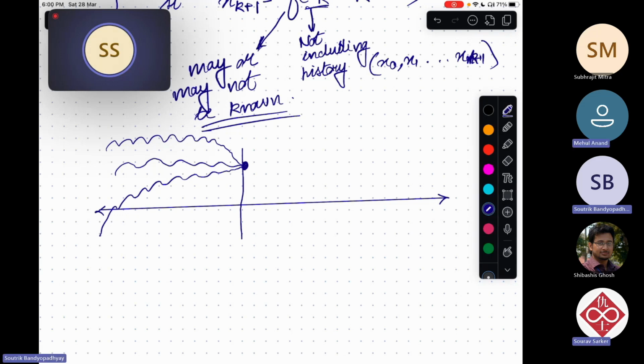But if you are at the current point and the actions that you take afterwards are the same, then all of these trajectories would be the same after this point. So the only thing that matters at this point is this current state S and the action, not the history. The coming to this point may involve a bit of history, but once you are there, your past is forgotten.